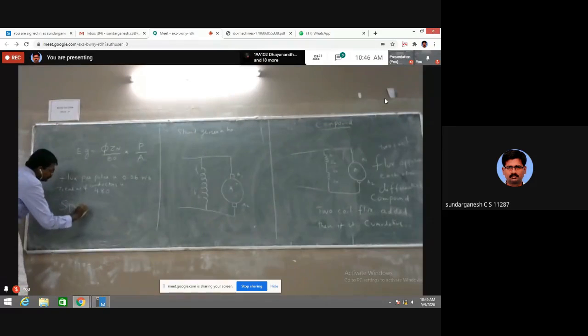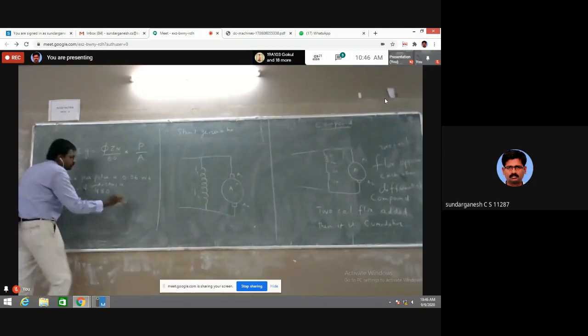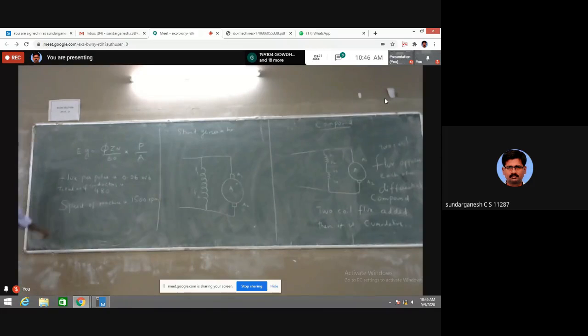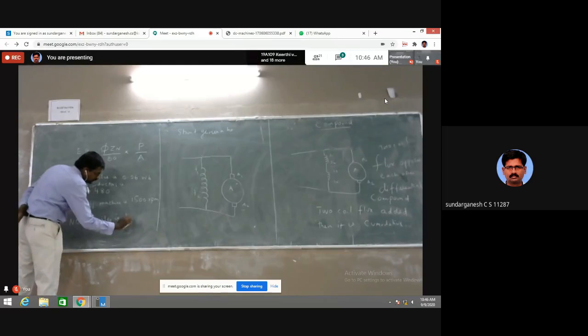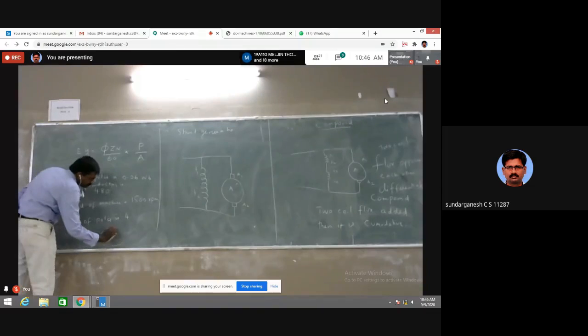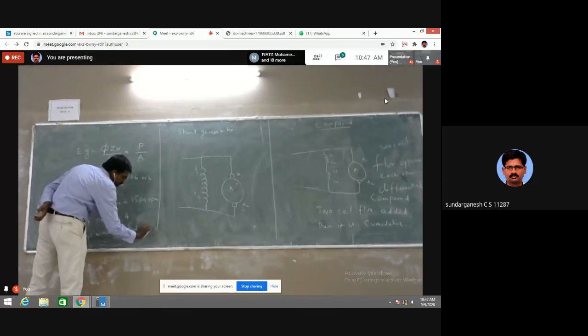Speed of the machine is 1500 RPM. Flux per pole they have given. Then they will give the number of poles. Number of poles is 4. It is a lap winding. Find the EMF generated.